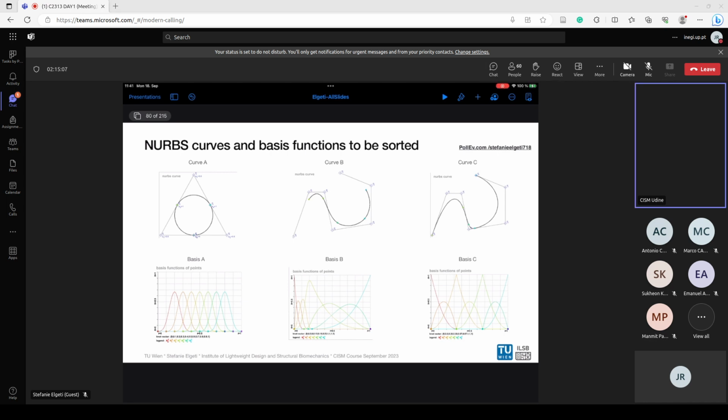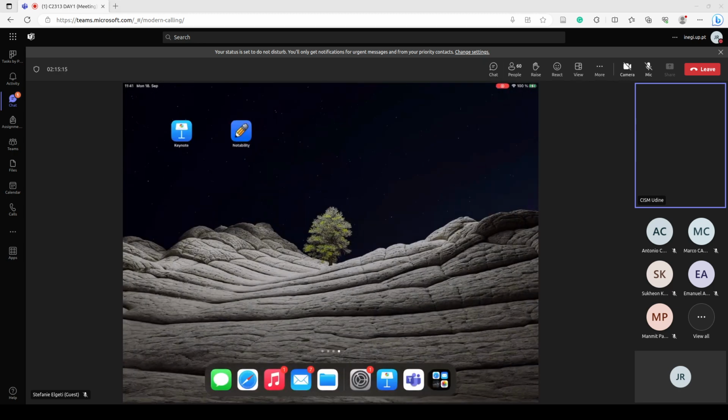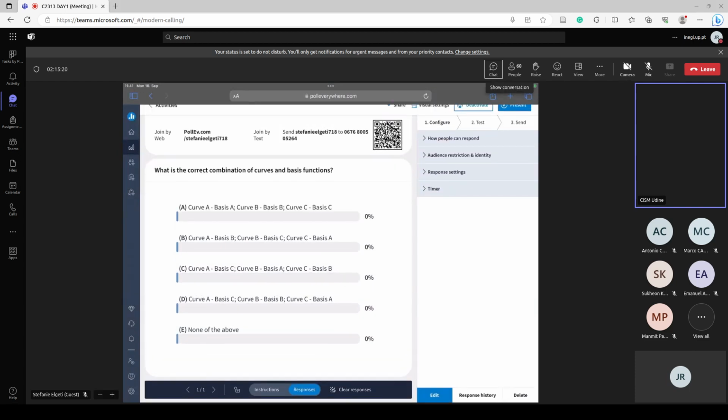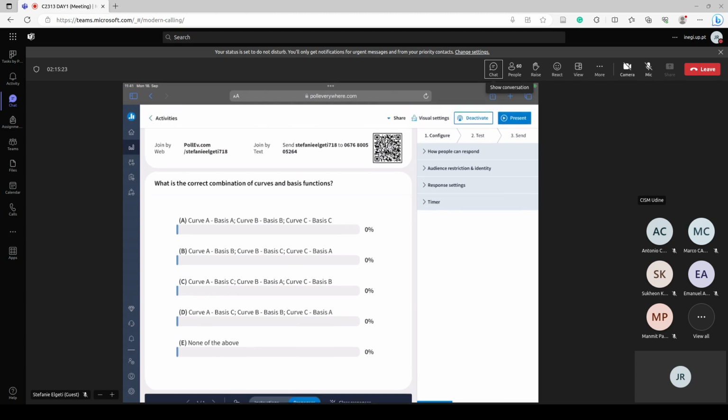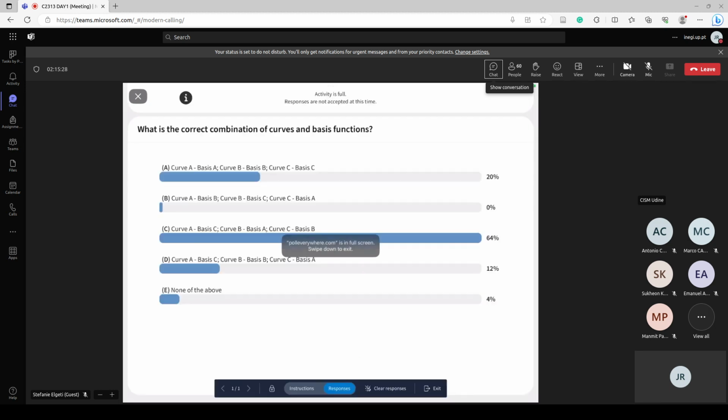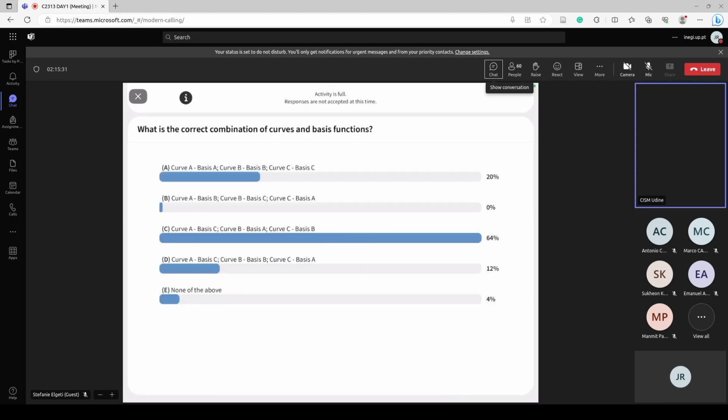The poll is full. Oh, I didn't realize that there's a limit. I'm sorry. Okay, but I guess then we can evaluate. No one else will be able to answer. Okay. So 64% of people say that curve A goes with basis C, curve B goes with basis A, and curve C with basis B. So we can check whether that's true.